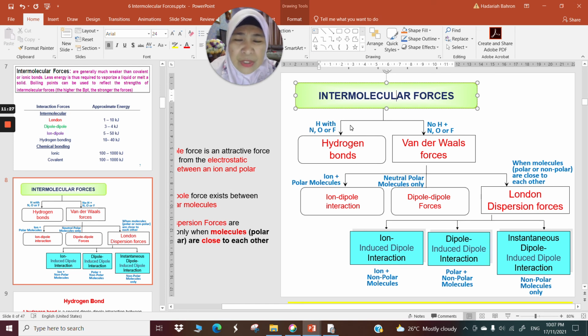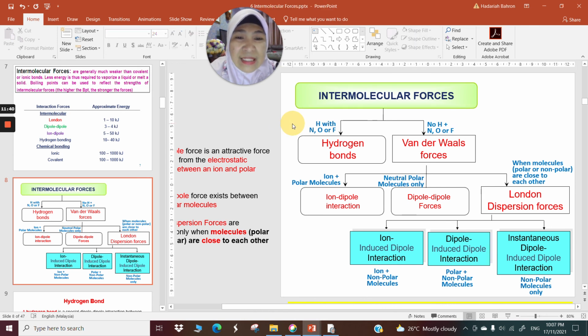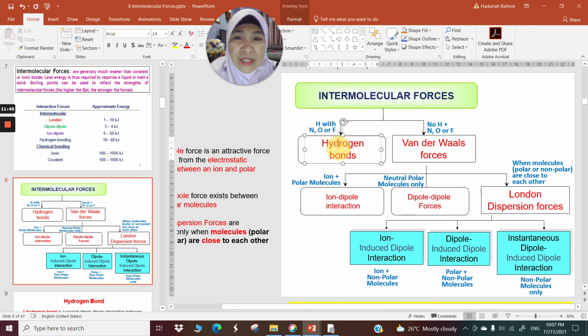When the molecule has hydrogen and also has nitrogen, oxygen, or fluorine, N, O, and F, it is very, very much likely that you are going to encounter hydrogen bonding. Now, hydrogen bond is the strongest intermolecular force that you can find.